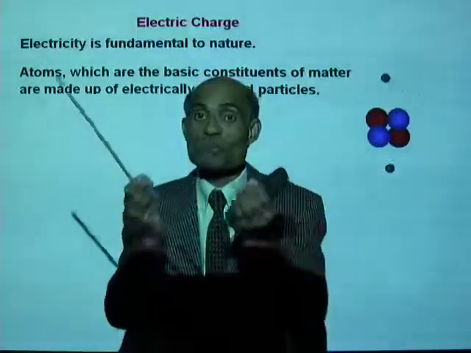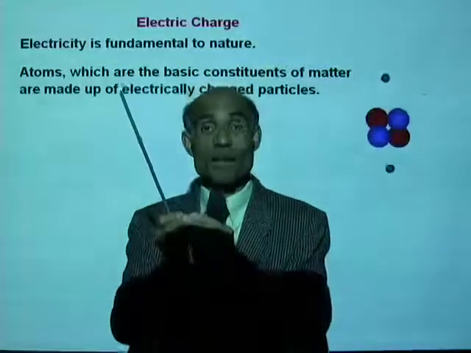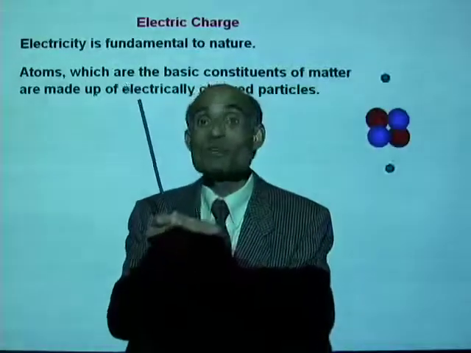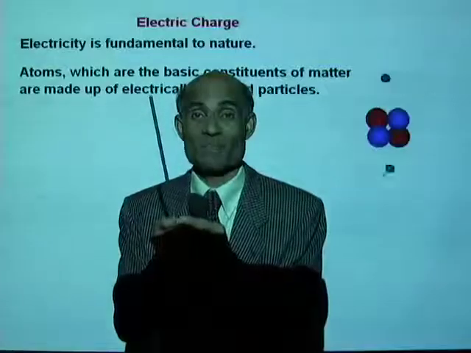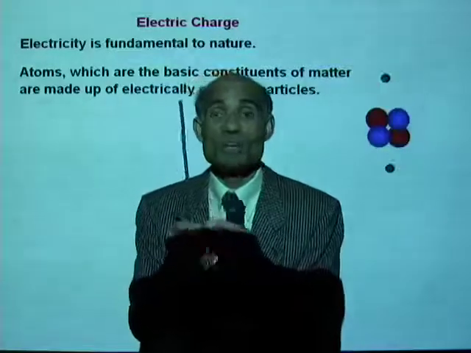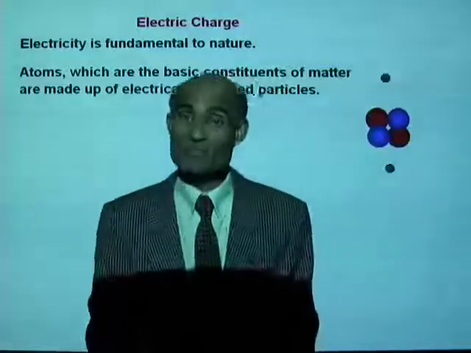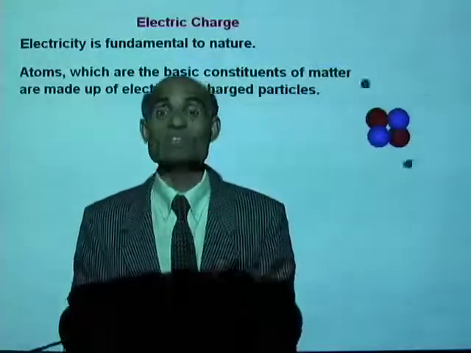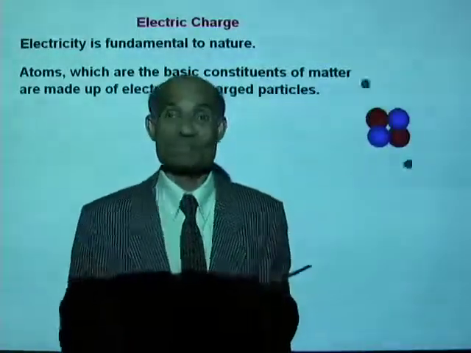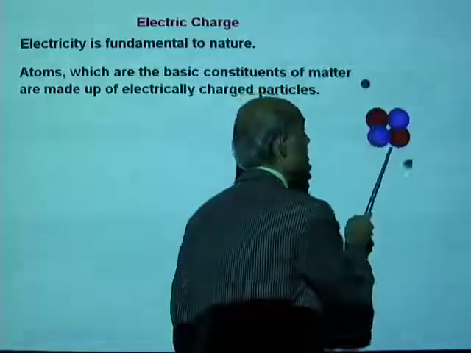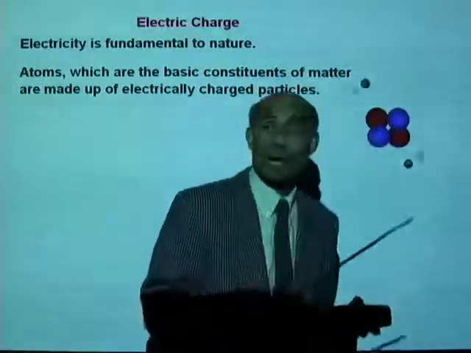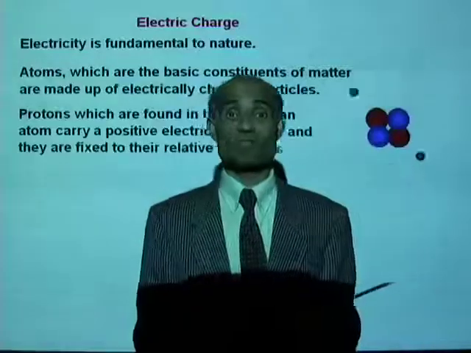So if you keep a proton and an electron together, there will be no net charge. When there is no net charge, we say the object is neutral. An atom in the normal case is a neutral object because it contains equal amounts of positive and negative charges.